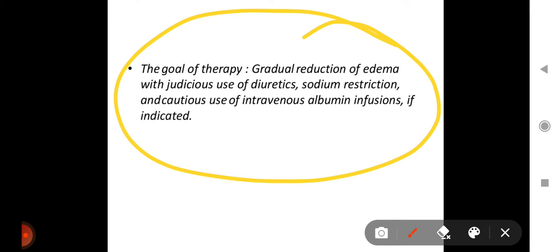They should not take extra salted foods like pickle or chips, but normal food salt should be there, because you can't restrict 100% sodium from a child. And cautious use of intravenous albumin infusion if the edema is very much refractory and there is severe hypoalbuminemia persisting even after steroid therapy.